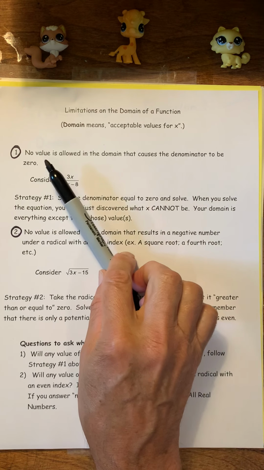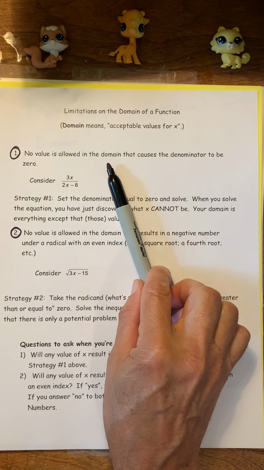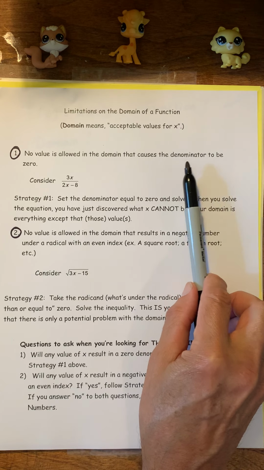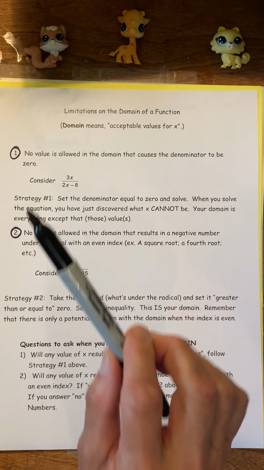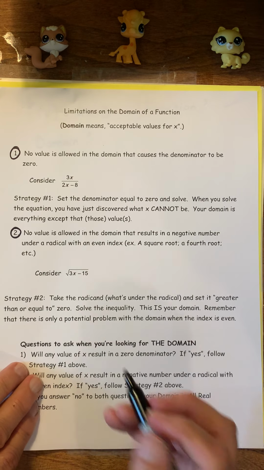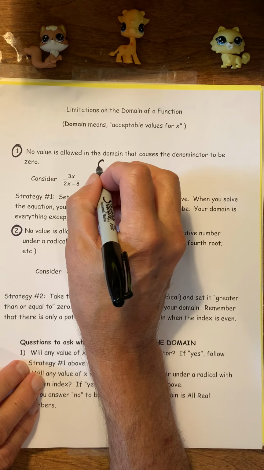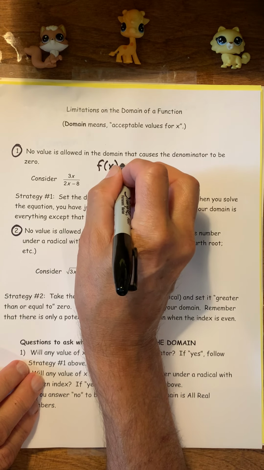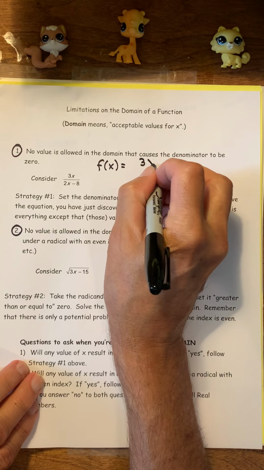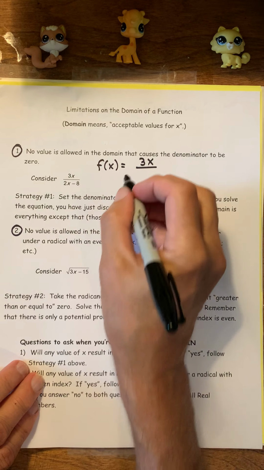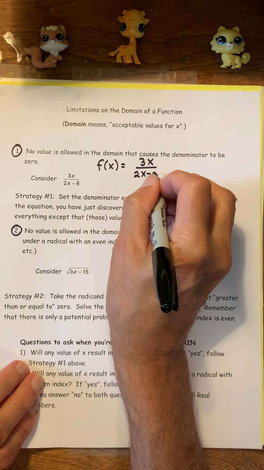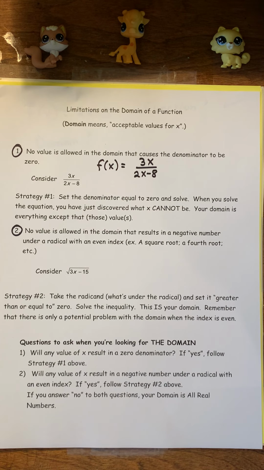First of all, no value is allowed in the domain that causes the denominator to be 0. Let's say you have this function, f of x equals 3x over 2x minus 8. And here's a question for you. Can I pick anything for x?